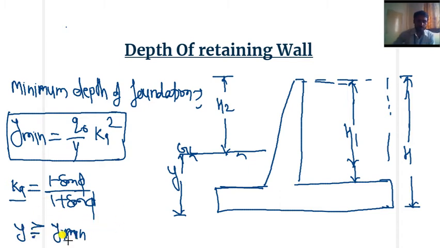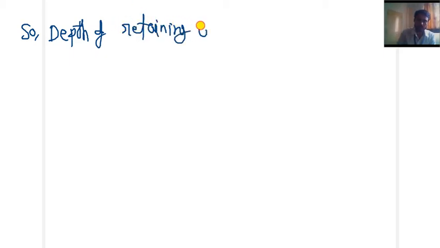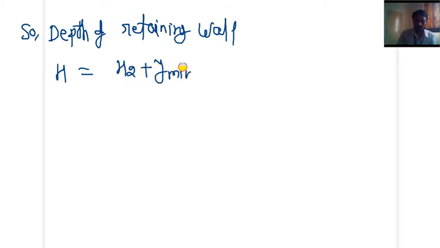And once we get the depth of foundation, we can calculate the overall depth of the retaining wall easily. So from here, the overall depth of the retaining wall, capital H, will be equal to h2 plus Y minimum.